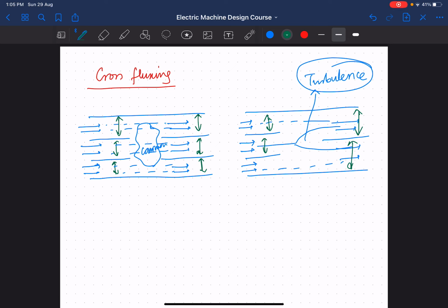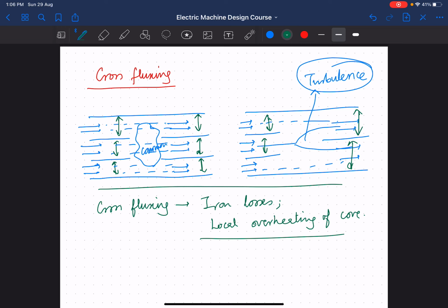But on the other hand, this is counterproductive because cross-fluxing leads to additional iron losses, and it leads to local overheating of the core. So how is this problem being taken care of?